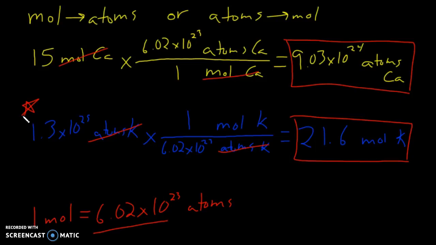So I would recommend when you punch this in, you put 1.3, your E button, 25, hit your divided by key, then put parentheses when you put your 6.02 E23. This makes sure that everything inside of those parentheses gets divided. So instead of multiplying by part of it and dividing by part of it, this makes sure that all of it gets divided. Then when you do that, you should get the 21.6.